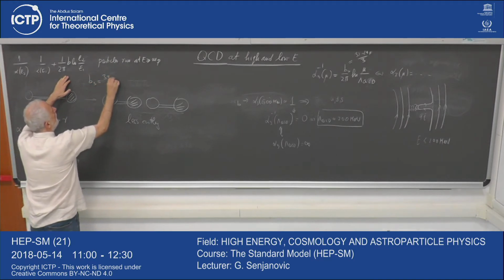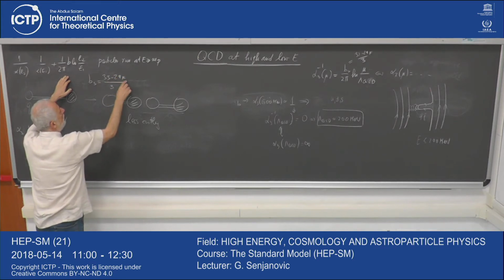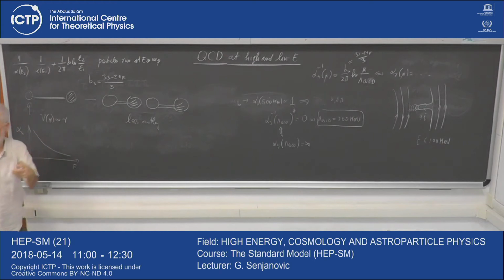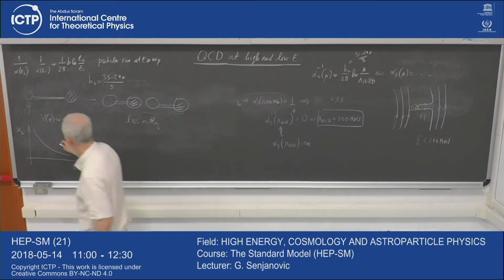It was 33 minus 2 times the number of flavors, divided by 3. Flavors, actually, I should call them quarks. These are colored flavors. Only quarks count. But tomorrow we may discover more quarks. They may not be standard model-like particles. Let's not call them quarks, colored states, who knows. So eventually even this will break down.